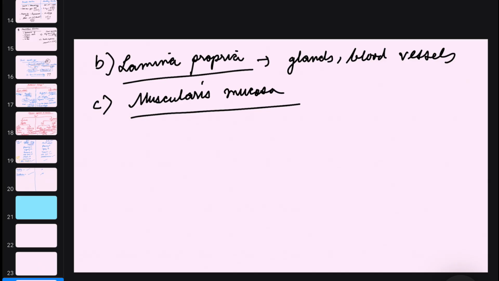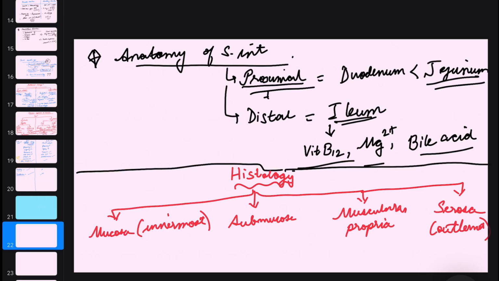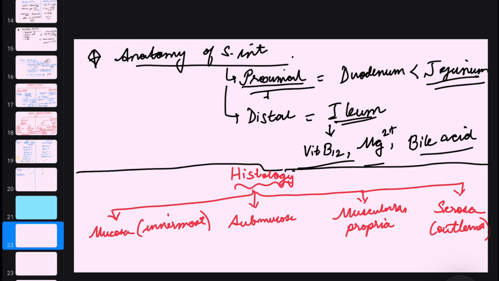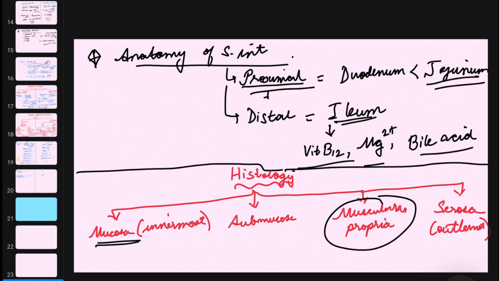Anyways, so this is called the muscularis mucosa. So we have a muscularis propria. Don't get confused. Okay, see, we have a muscularis propria, which is basically the muscular layer of the small intestine itself. But the mucosa itself also has a muscular layer, that is called muscularis mucosae.